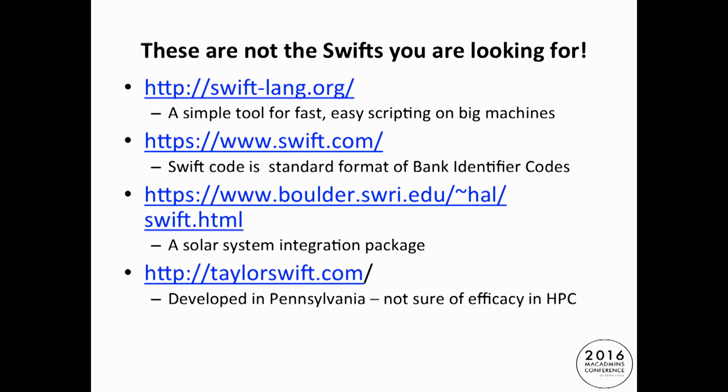So these are not the Swifts you're looking for. If you do a Google search on high performance computing and Swift, you'll get the first one, and it's a fast tool for high performance computing. You might even get swift.com, which is for banks, and that's the banking code which was hacked recently in Indonesia.